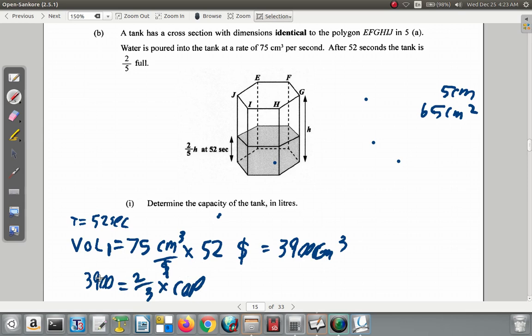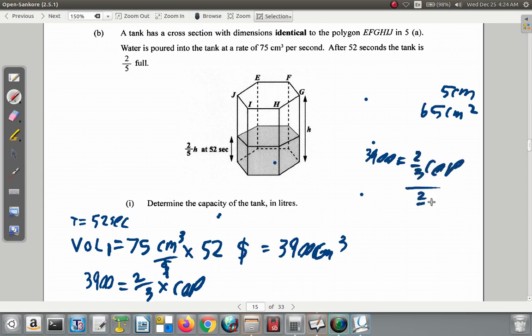You see that? 3900 is 2/3 of the capacity because it says here after 52 seconds it is 2/3 full. 2/3 of the full capacity. Alright, so determine the capacity of the tank in liters. So what do we do? Let's rewrite it here. 3900 is 2/3 cap.